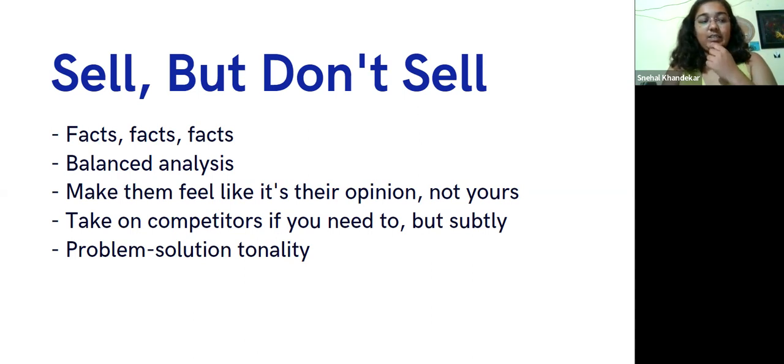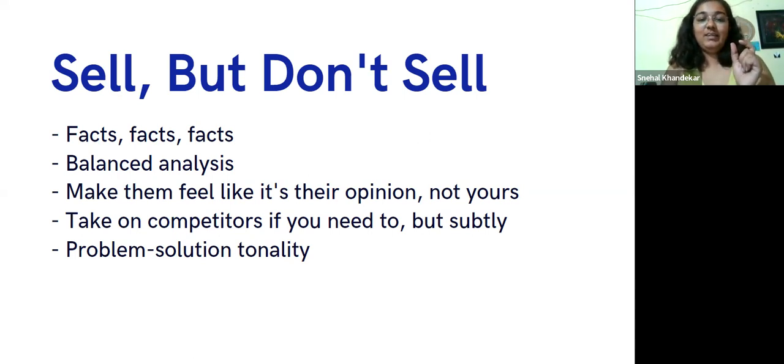So say you had a mobile phone which has a camera that you can turn like this and make it a selfie camera. You could mention a problem. You can always create a problem. That's how advertising works, right?